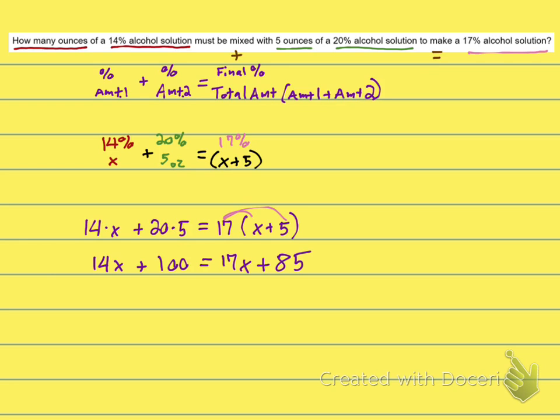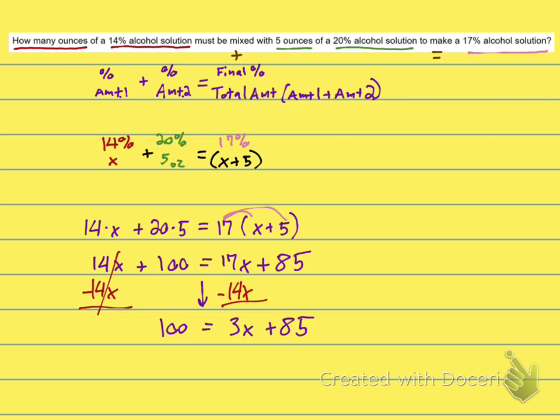All right, so we're going to solve. Let's get our variables to the same side. I'm going to move them to the left. No more x's on the right. Now I have 3x plus 85 on the right. Drop down my equals sign, and it equals 100.